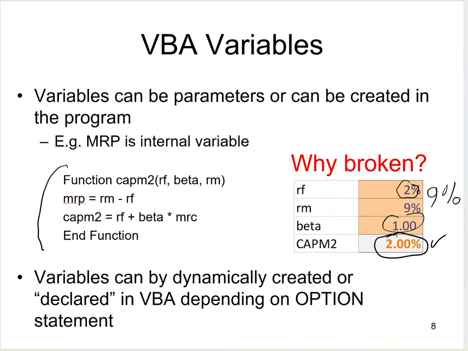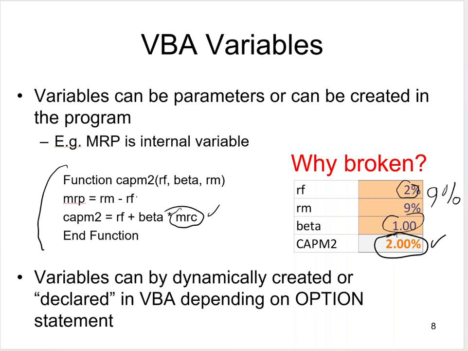I'll give you an idea here. Notice that there's a misspelling here, MRC. However, VBA just assumes, oh, you must have created a new variable, MRC, and every new variable starts out with a value of 0 as default.